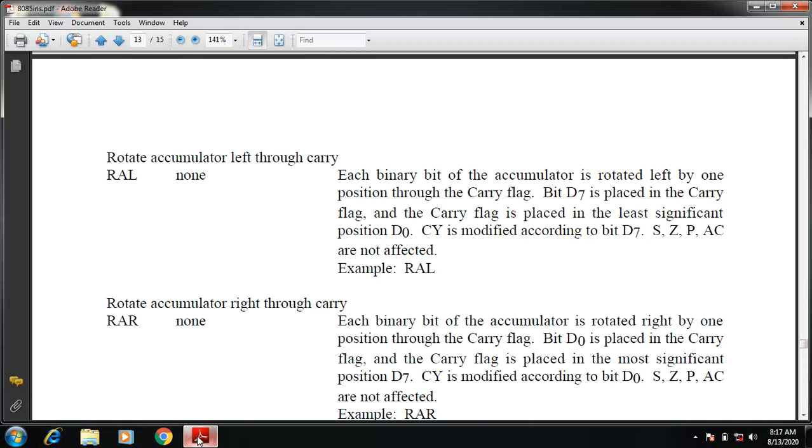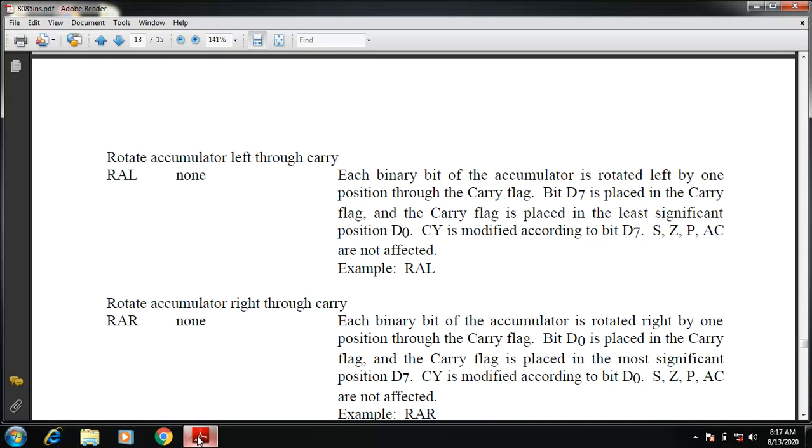Okay, next one, rotate accumulator left through carry, RAL, that is rotate all left. Each bit of the accumulator is rotated left by one position. Before, in RLC and RRC, only one bit was rotated as well as placed in the carry flag.